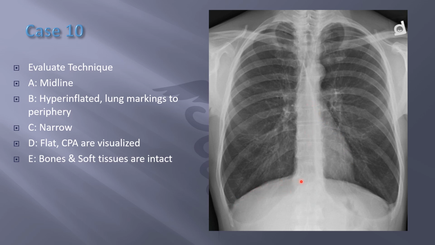Diaphragms look a little flatter, and they're almost level, but these are much flatter diaphragms than we've been seeing in the other images. So very flat. Everything else, bones, all look uninterrupted, no fractures or anything like that. I don't see any hardware or lines or tubes or wires. Everything looks fairly good.